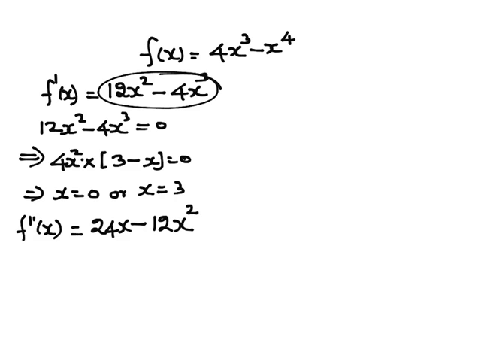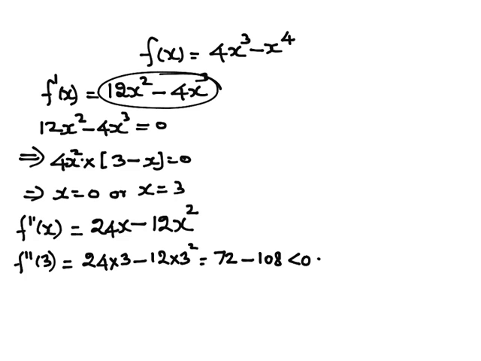Let me first substitute 3. f''(3) equals 24 times 3 minus 12 times 3 squared, which is nothing but 72 minus 108, so negative, which means x equals 3 gives local maxima.